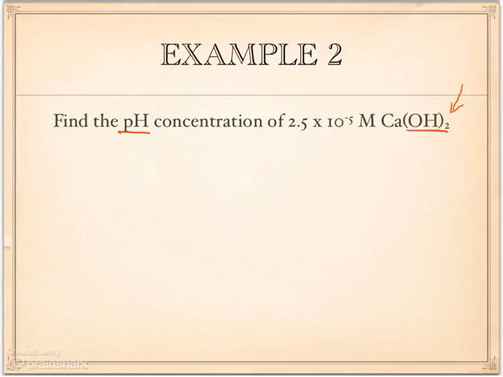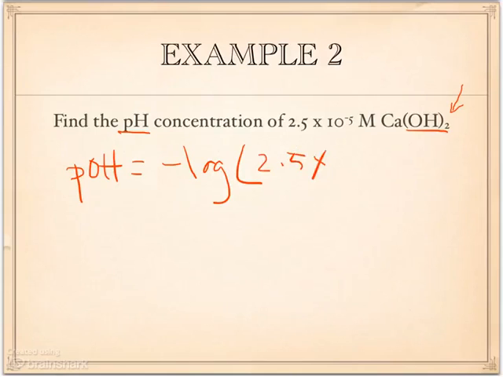So in this case, what we could find is pOH, because we are given the OH concentration. So it's the negative log of 2.5 times 10 to the negative fifth, but again you need to take that 2 into account, so you'd multiply that by 2. So you end up with a pOH of 4.30.